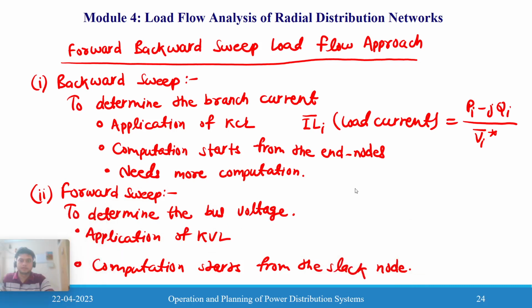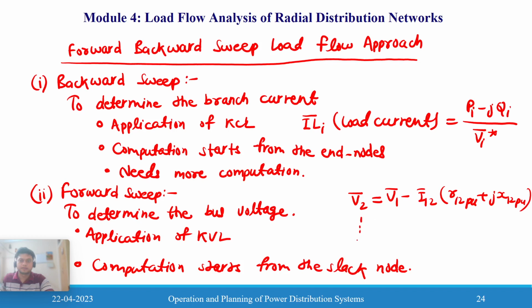Suppose we have 6 buses connected in one line. So V2 is equal to V1 minus I12 times (R12 per unit plus jX12 per unit). I12 we find from the backward sweep. V1 is already known, that is the slack node; we take it as 1 angle 0.